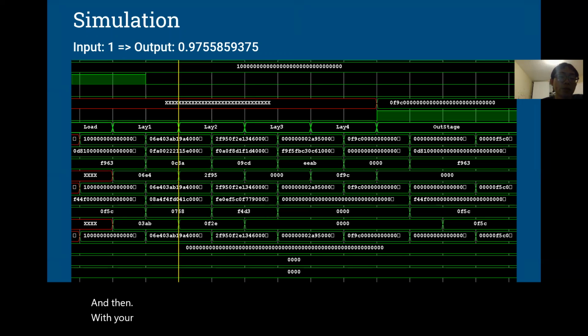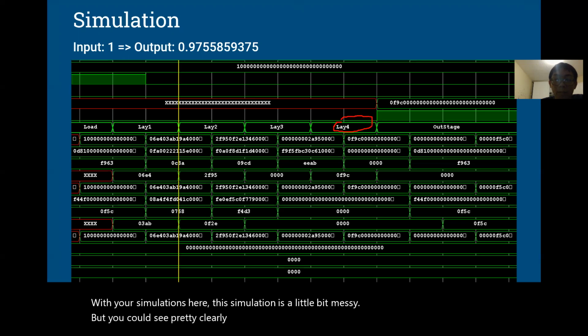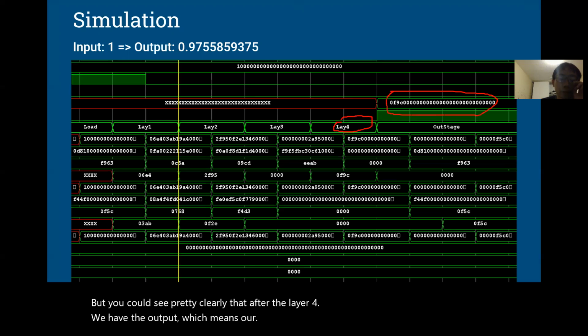This simulation is a little bit messy, but you could see pretty clearly that after layer 4, we have the output, which means our neural network in this case only has 4 layers.